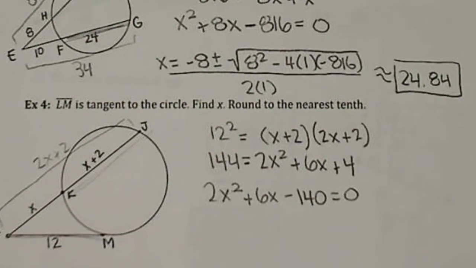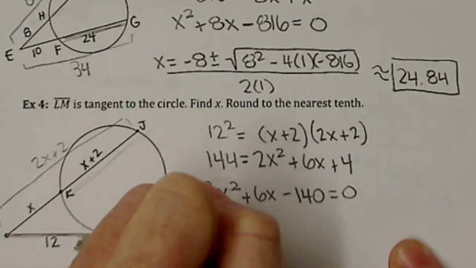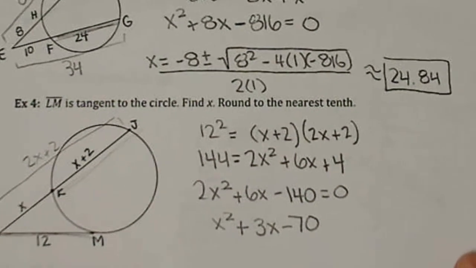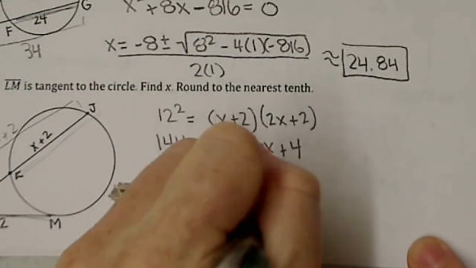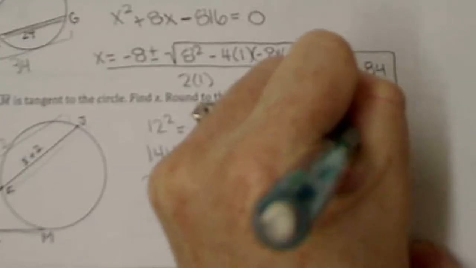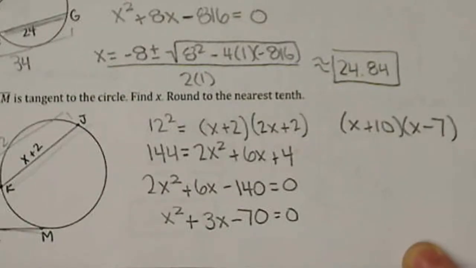And since we all have even terms here, 2, 6, and negative 140, let's divide by 2 to get rid of that coefficient because it's a lot easier to factor when it is not like that. Okay, can I factor this? I sure can. I can factor this into x plus 10 and x minus 7.